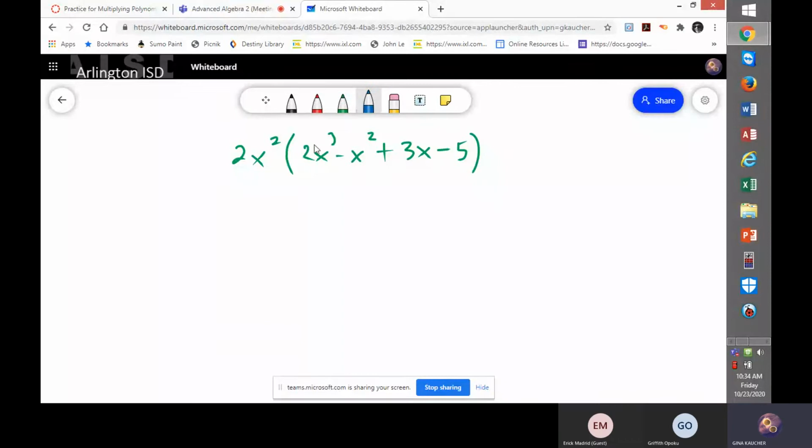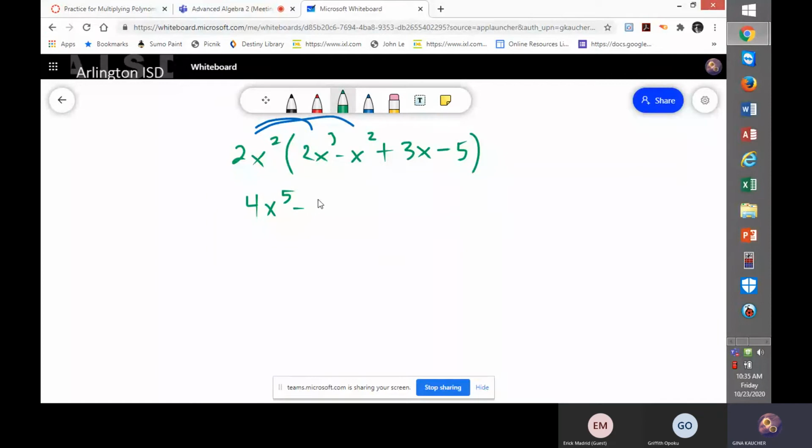In order to distribute and drop the parentheses, you just take the 2x squared times each term. So 2x squared times 2x cubed: 2 times 2 is 4. As far as the power for the x, since you have the same base, you add 2 plus 3 is 5. Then you're going to take 2x squared times negative x squared.